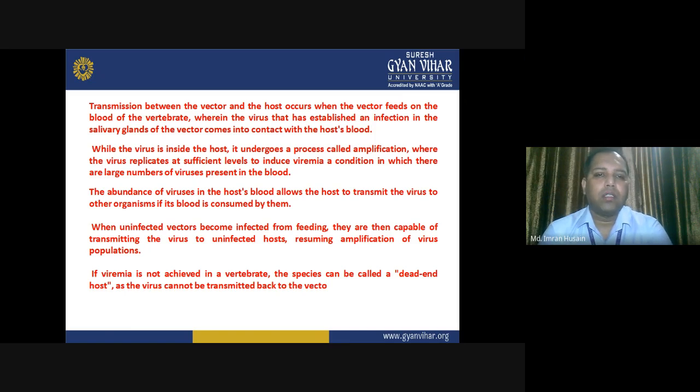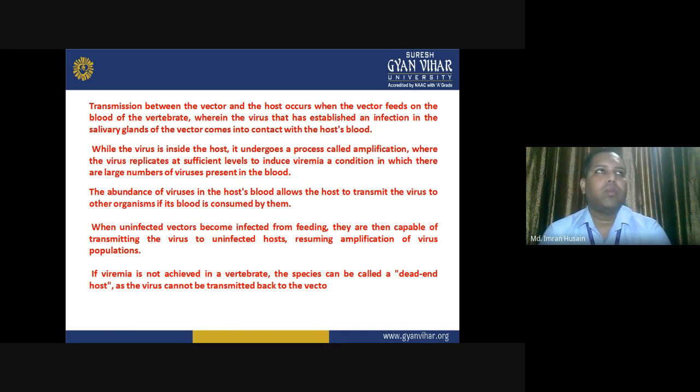While the virus is inside the host, it undergoes the process called amplification, where the virus replicates at a sufficient level to induce viremia, a condition in which there are large number of viruses present in the blood.